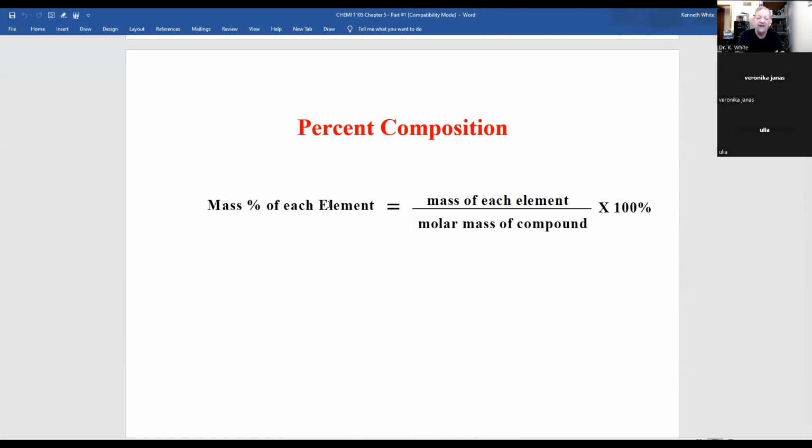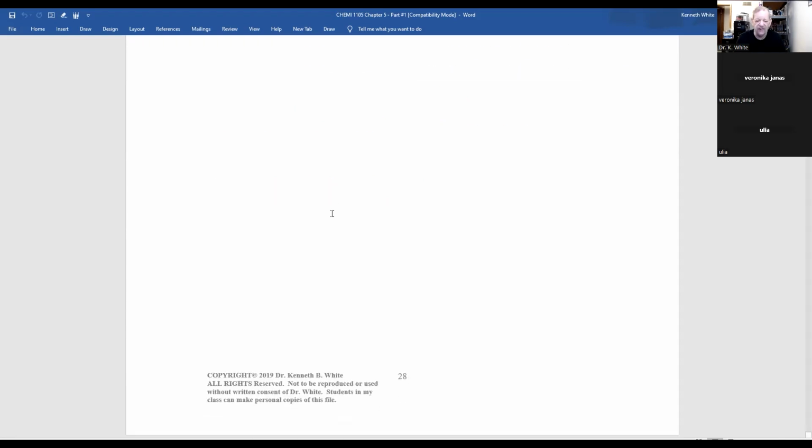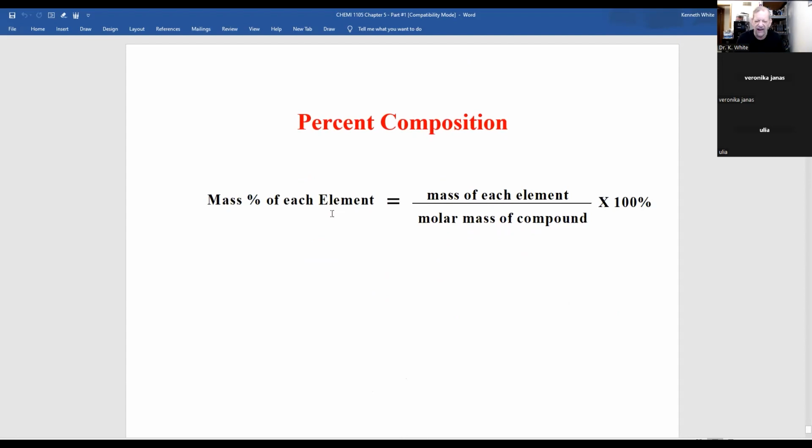And that's determined by the mass of an element divided by the molecular weight, that's also known as molar mass, of the compound it's in.